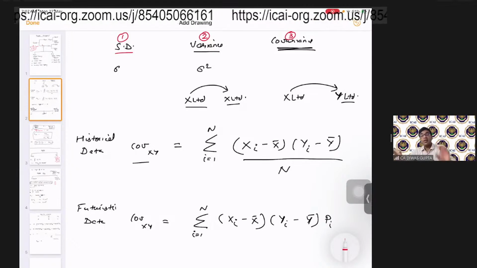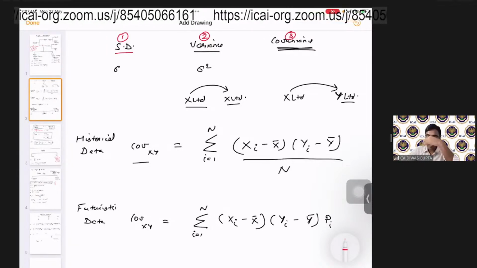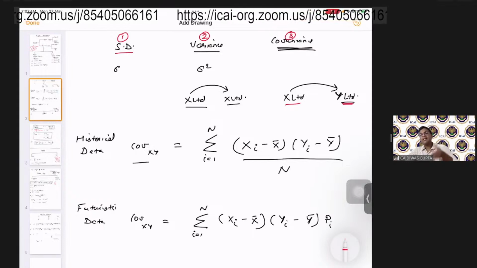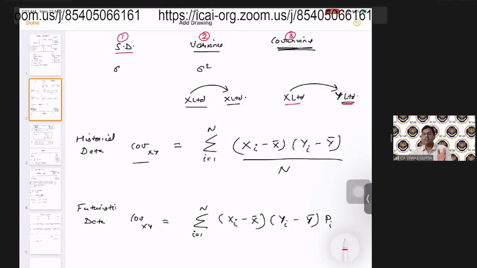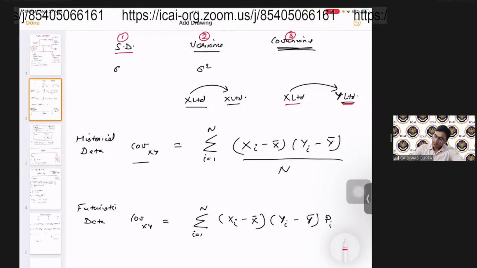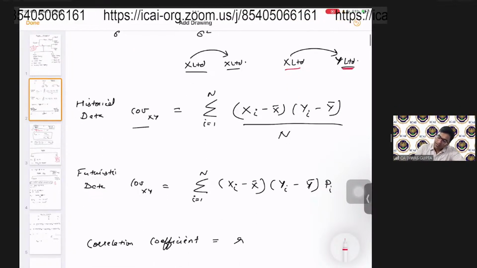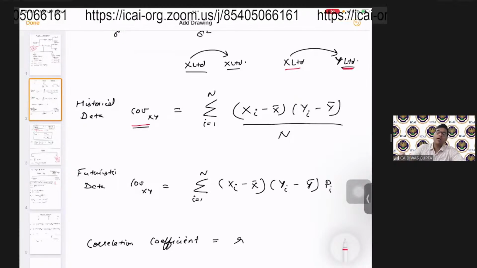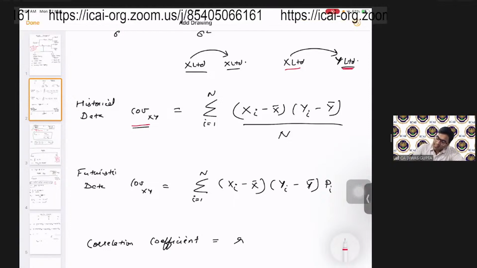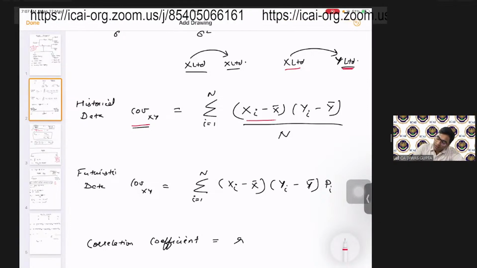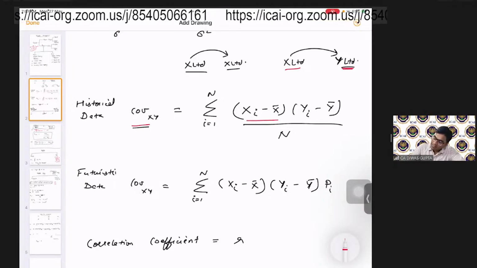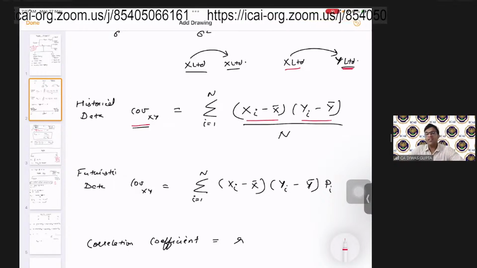once we say that there are two different types of data sets, for example, return of X limited and return of Y limited. So how is X limited varying with response to the Y limited's variation, right? So here we try to put down the formula of covariance of X and Y, where we said that X will be deviated from the X bar, which is its mean, and Y will be deviated from Y bar, which is Y's mean.